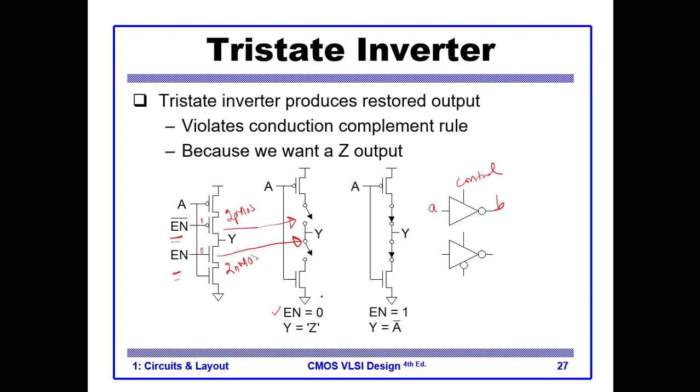In that case, the output will be Z, high impedance. So when enable is 0, you cannot pass A to B, but when enable is 1, then the story changes.